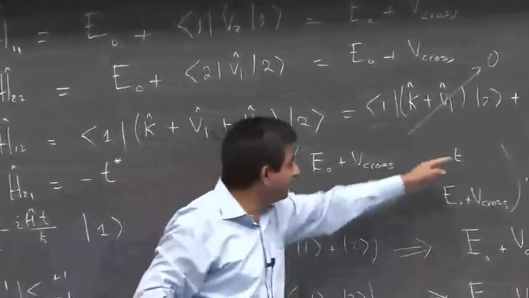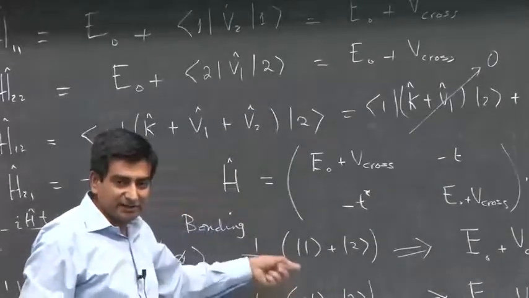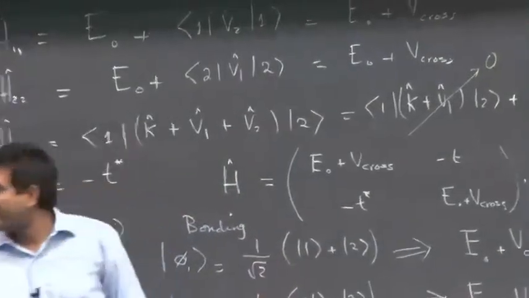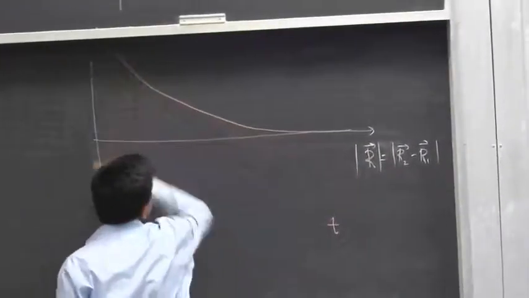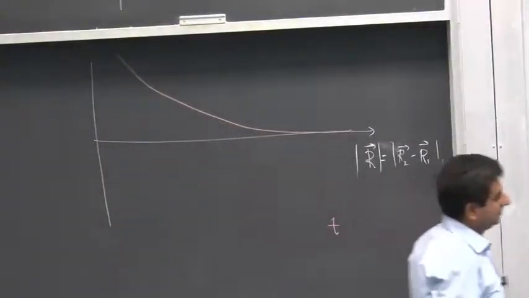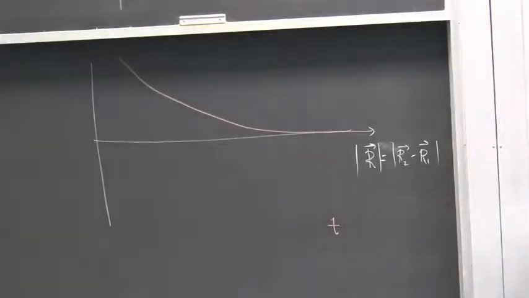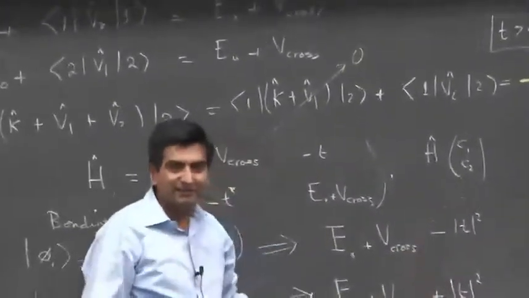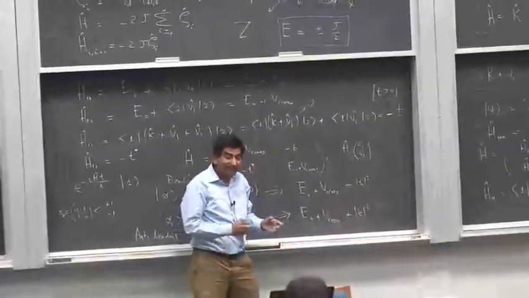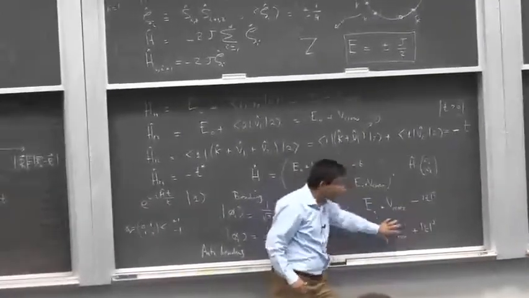Now, if you bring the atoms close together, T goes up, which means that these become the eigenstates. And the energies of these states, for the bonding orbital, it goes down. For the antibonding, this goes up because of this plus sign. As the distance is reduced, T goes up, so this goes up.